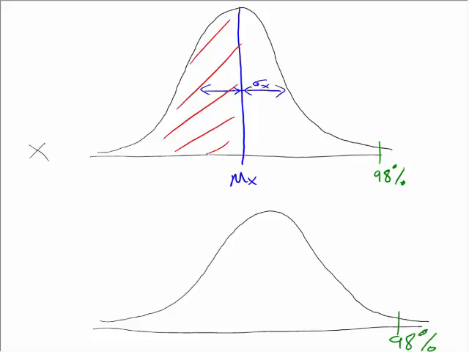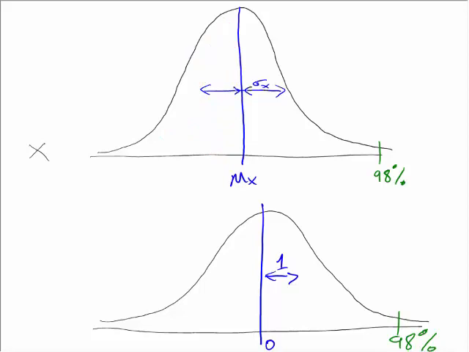Now for the standardized normal, instead of having mu x, I have a mean of 0 and a standard deviation of 1. So for example, at 98%, this is the area under the curve. 98% is the area under the curve up to this point.